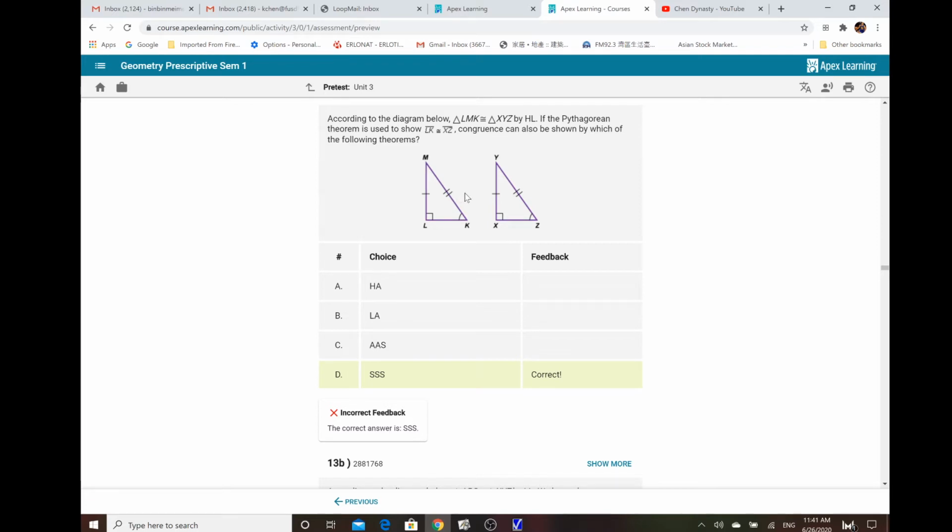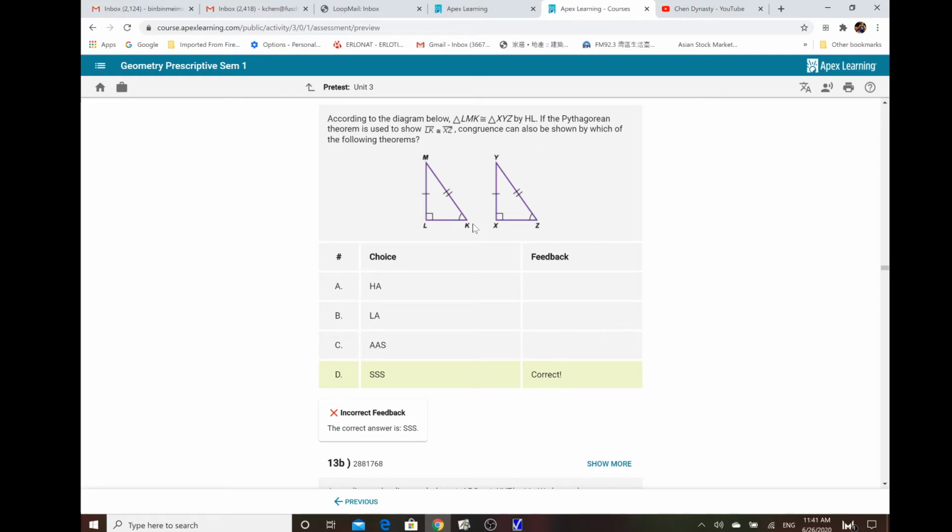This one here, I think there's a little typo. Oh, you know what? According to the diagram below, triangle LMK is congruent to triangle XYZ by hypotenuse and leg. If the Pythagorean theorem is used to show that segment LK is congruent to segment XZ, so congruence can also be shown by which of the following statements or theorems.